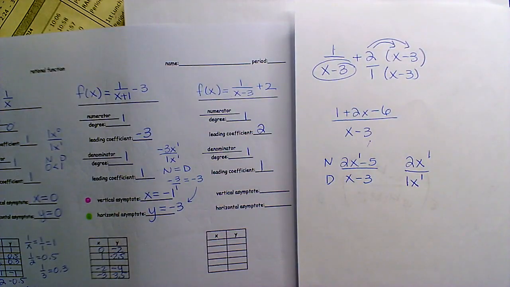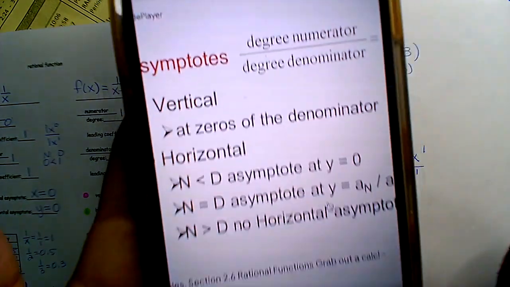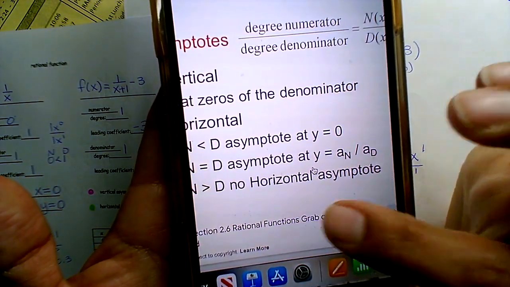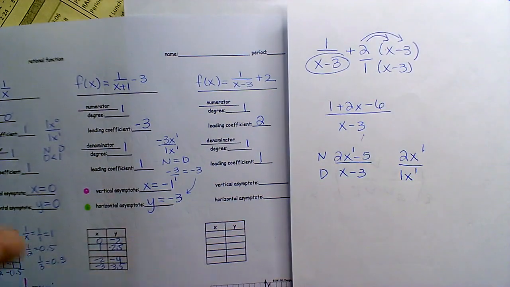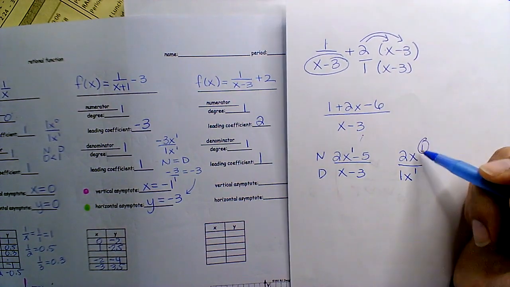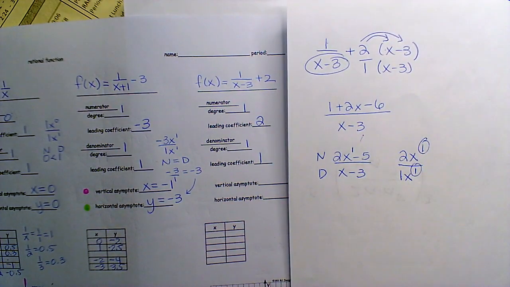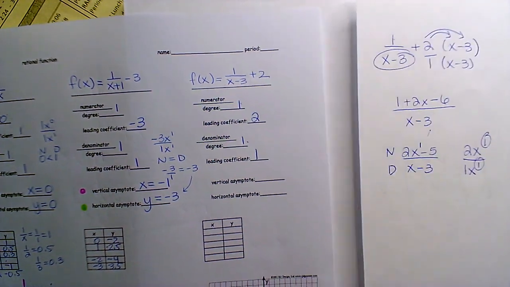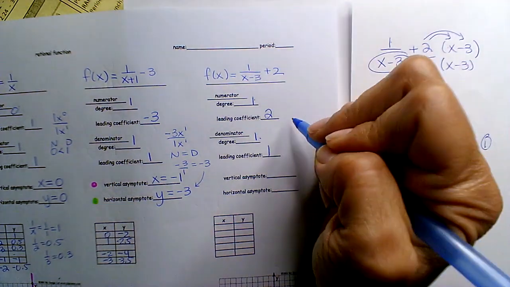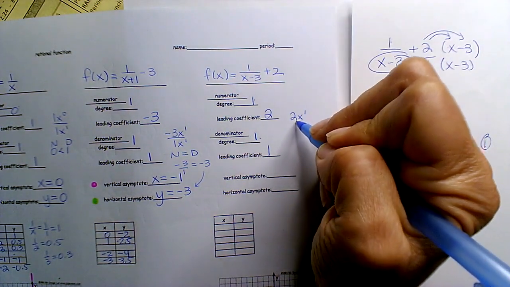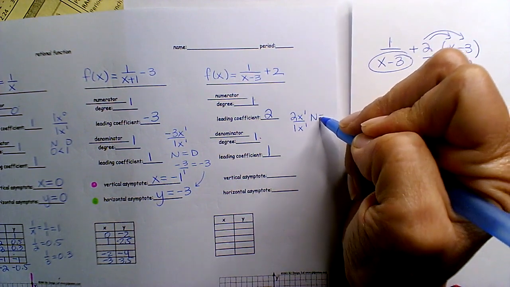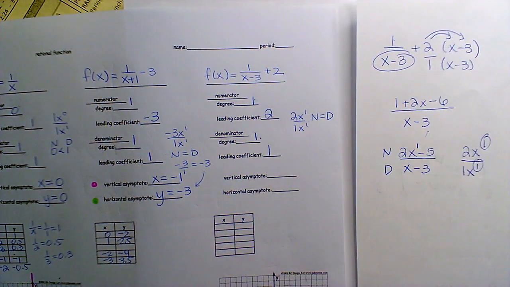Okay, so what I'm used to is just this. How are the numerator, denominator degrees? How do they compare? Okay, so we're in the middle. Because they're both 1, right? See here, degree is 1, degree is 1. So if I move this to the side, I have 2x to the 1, 1x to the 1. My n is equal to my d, right?